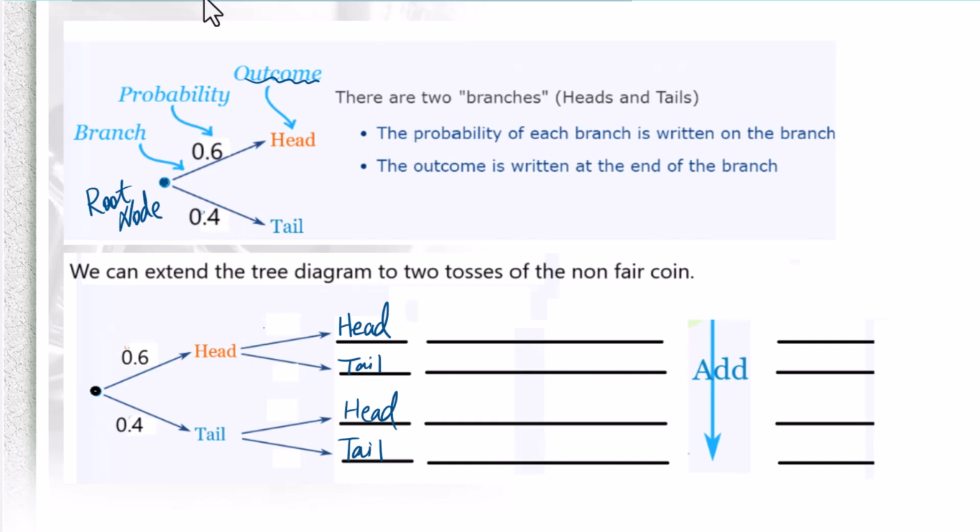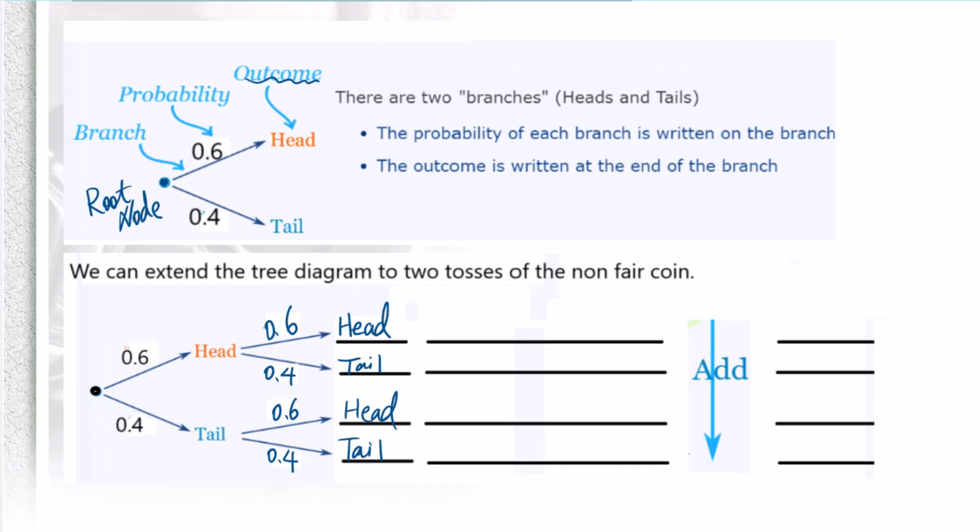Still, we need to write down the probability on the branches: 0.6, 0.4, 0.6, 0.4. How do we calculate the probability on the tree diagram?